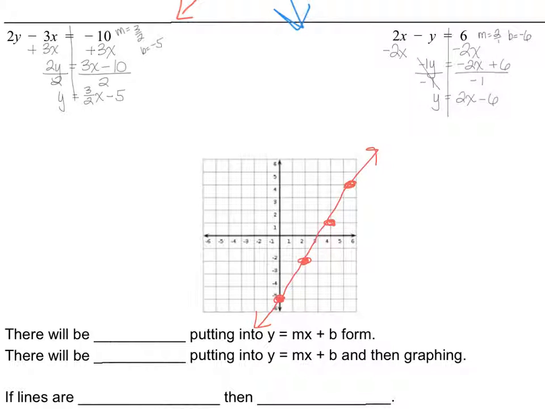And then our second equation, our m is 2 over 1, and our b is -6. So we still have a positive slope. Okay, so our b is -6, so put a point there. We are going up 2 over 1. Up 2 over 1.